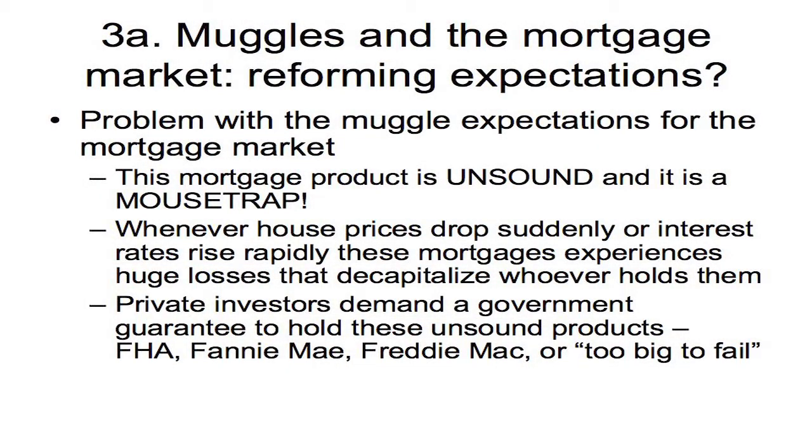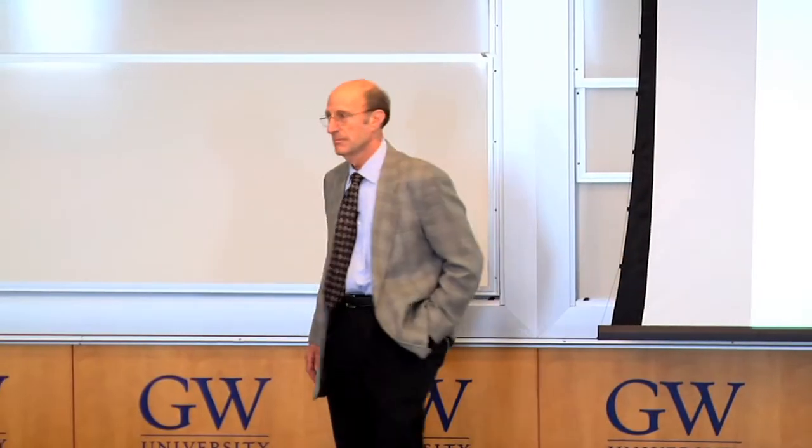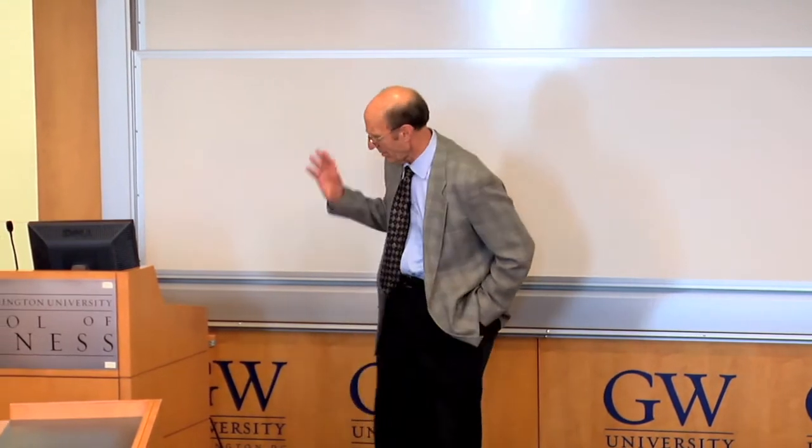That's fine. But then whenever something bad happens, we have a massive failure. It's a mousetrap. Okay? It's a mousetrap. Have we learned anything about that? No. Well, I could go on. But we've just learned nothing. Okay, nothing.